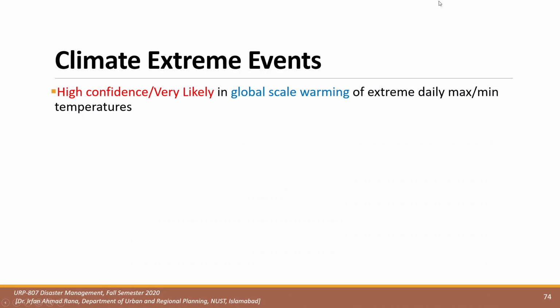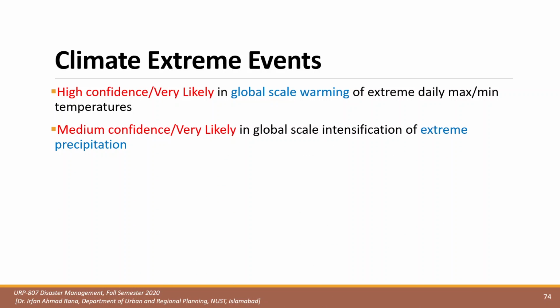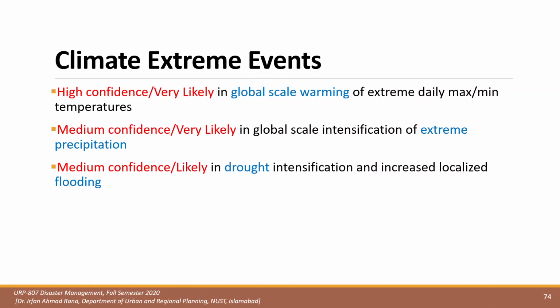Now, according to IPCC reports, at a global scale, it is with very high confidence and very likely that there will be extreme temperatures, meaning heat waves as well as cold waves. There is medium confidence, but it is very likely, that more extreme rainfall will happen. Similarly, with medium confidence, it is likely that drought will also happen.